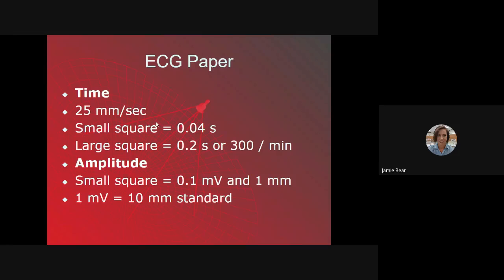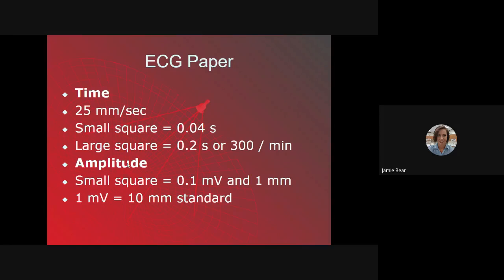There are 5 small squares that make up one large square. So 5 times 0.04 is 0.2 seconds. One large square would equate to 300 per minute, and I will explain that a little more as we go on.